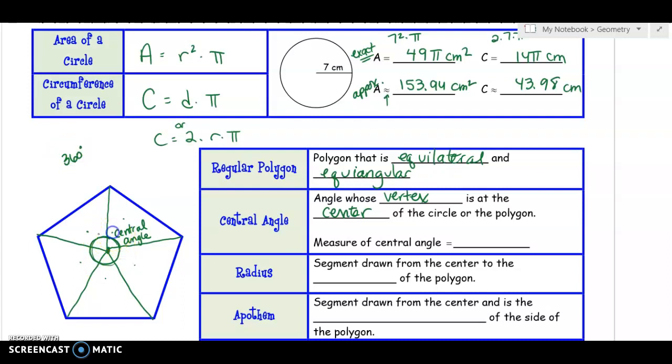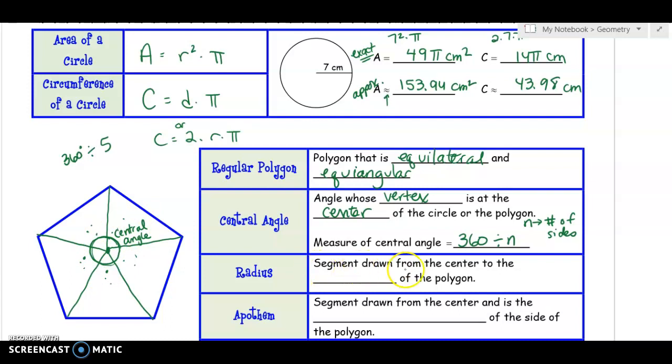To figure out what each of the central angles are, you're going to take 360 and divide it by 5. The measure of the central angle will be 360 divided by n, where n is the number of sides. That'll give us what each of the central angles are, and that'll come in handy when we do area in a moment.